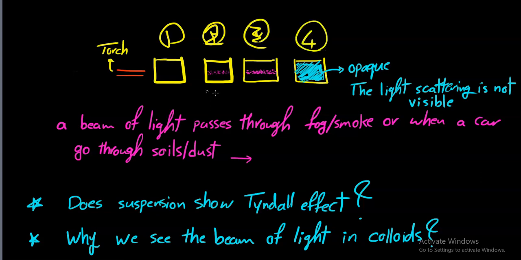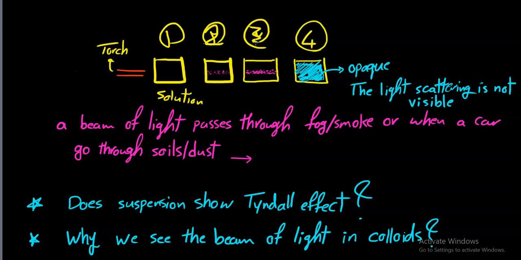What will happen here? We can see there is no visible light in this sample. What kind of mixture is this one? Definitely it is a solution. Why? Because in a solution the passage of light cannot be visible.